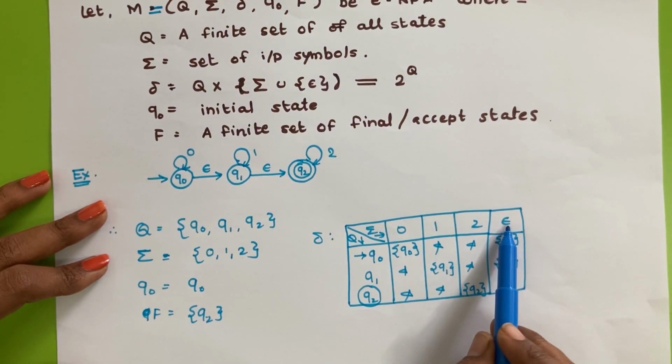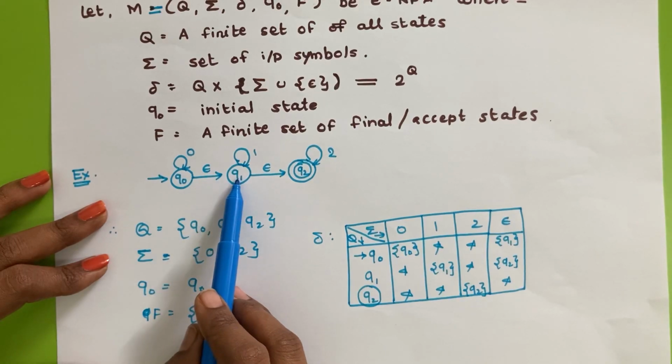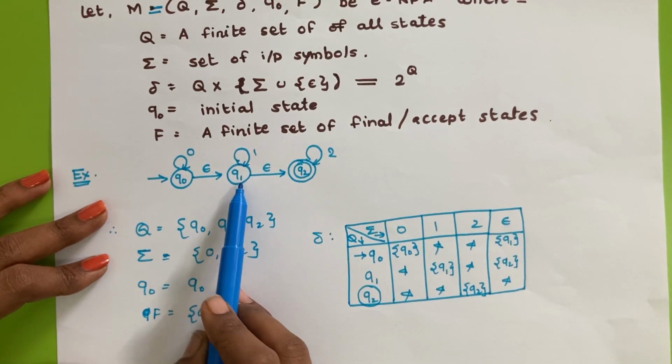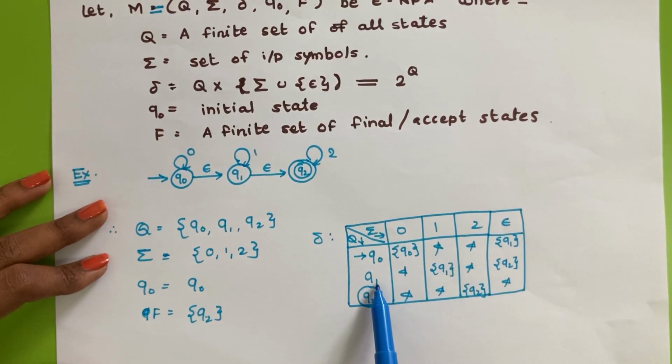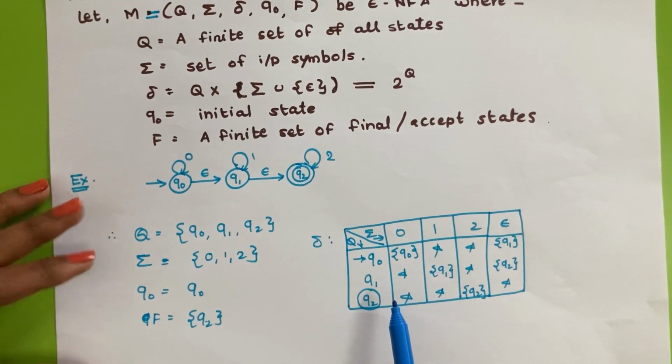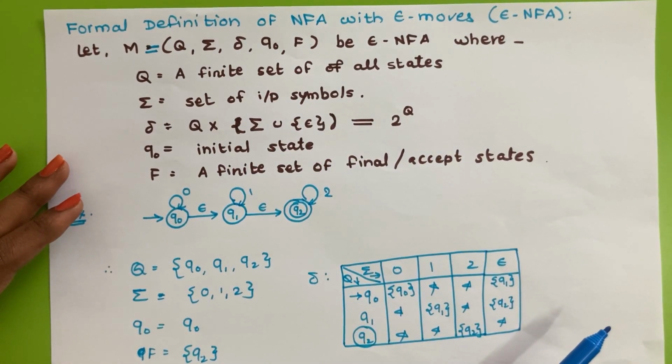Next is empty, so Q0 applied with empty gives out state Q1, so it is written here as Q1. Same is the case for Q1 as well as Q2. So this is nothing but the formal definition of NFA with empty moves, or we can say empty NFA.